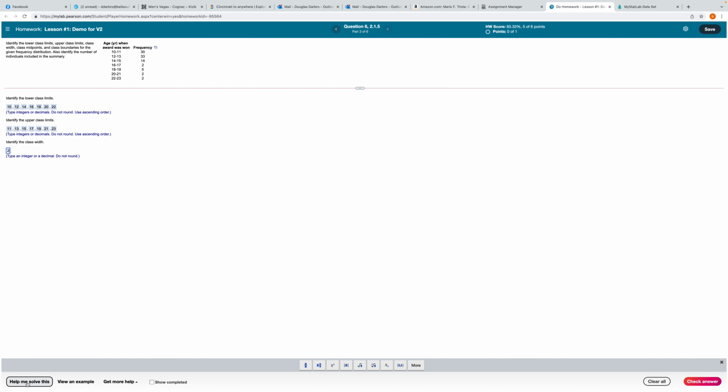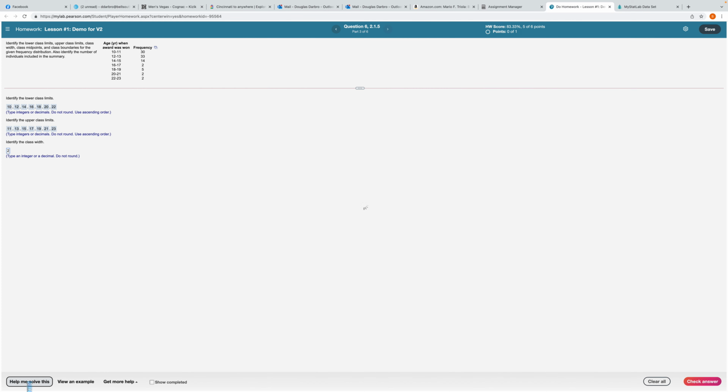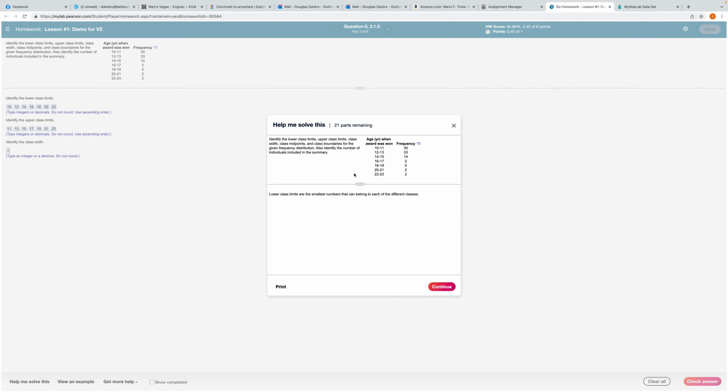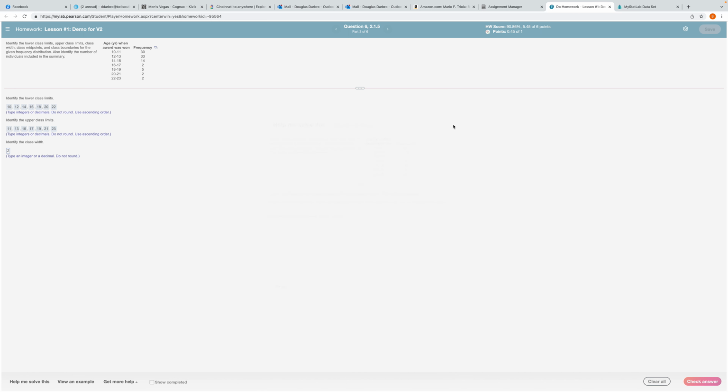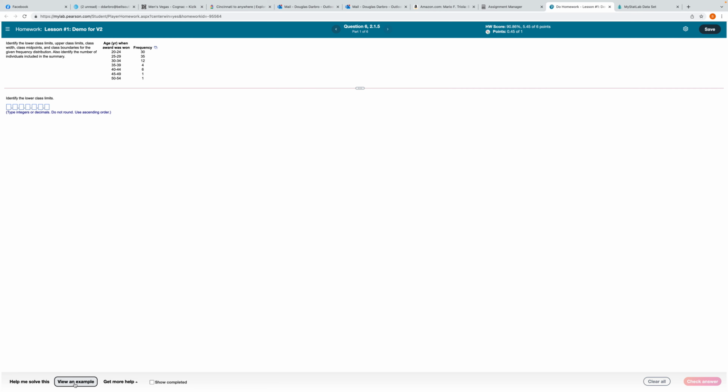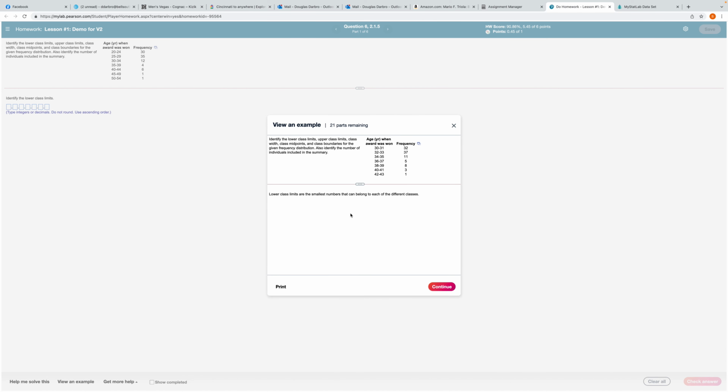Now, down at the bottom, it's probably a good time to bring this in. You have a Help Me Solve This. Let me show you what happens there. Help Me Solve This will run through and prompt you with questions about how to solve this problem. View an Example is another option in MyStatLab that you can use if you're having problems.